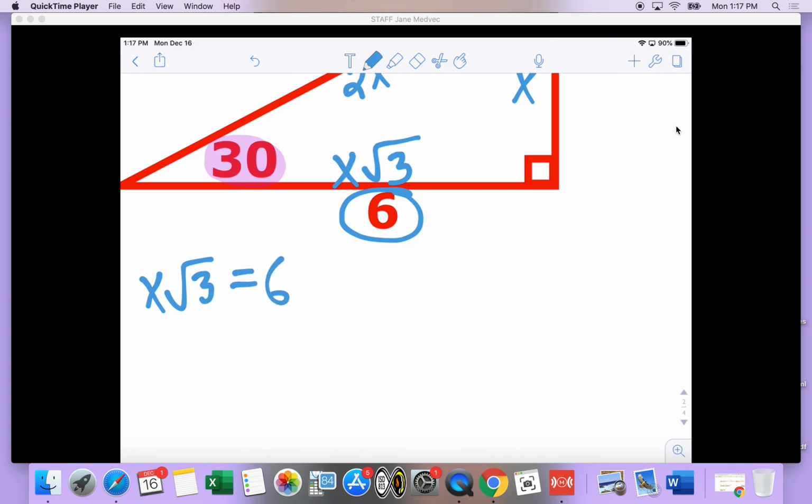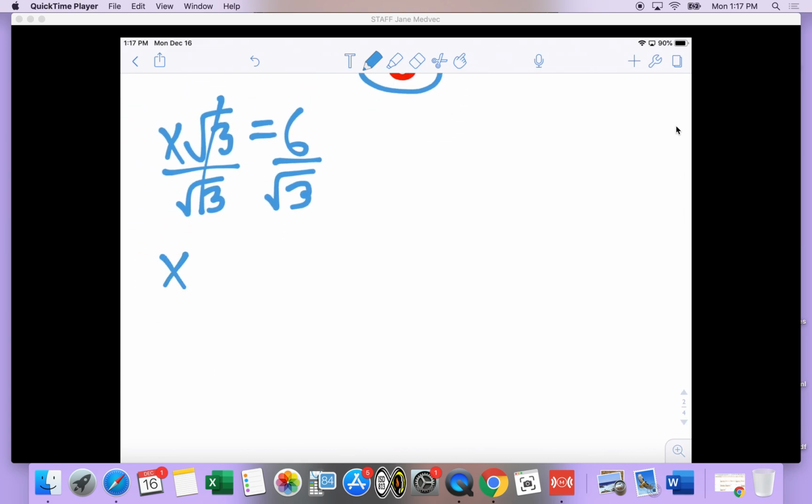Okay, now what? Divide by root 3. So that's the number by x. Okay, they cancel. So x gives me 6 over root 3. Now what? Rationalize. Yep. So I'm going to multiply by root 3 over root 3.